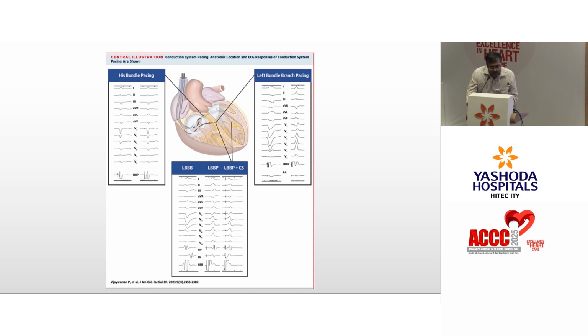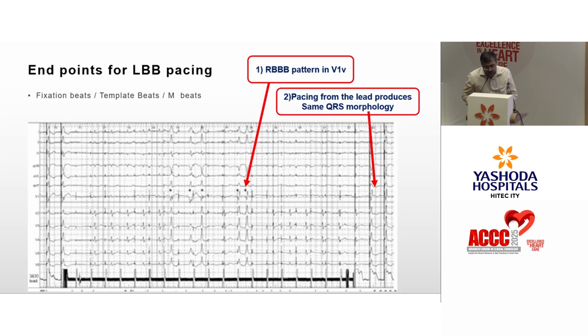Basically, you can have His bundle pacing, left bundle branch pacing, or now it is called left bundle branch area pacing, because you don't need to be exactly on the left bundle branch selectively. You can have a non-selective one, or even a left septal area pacing, where the QRS need not be very narrow. You can have a slight myocardial capture, so that you are very near the septal conduction system, but not exactly on the conduction system.